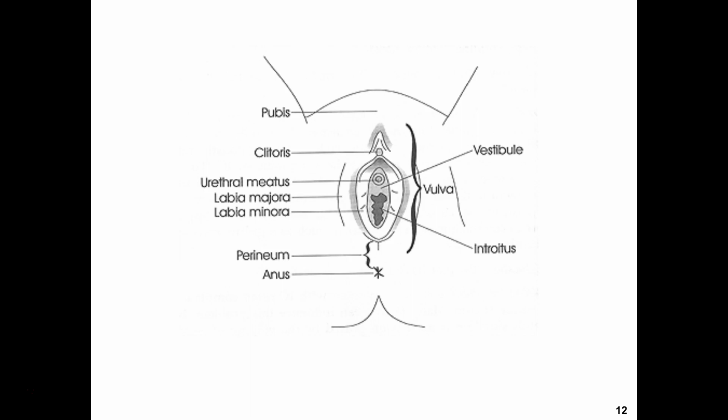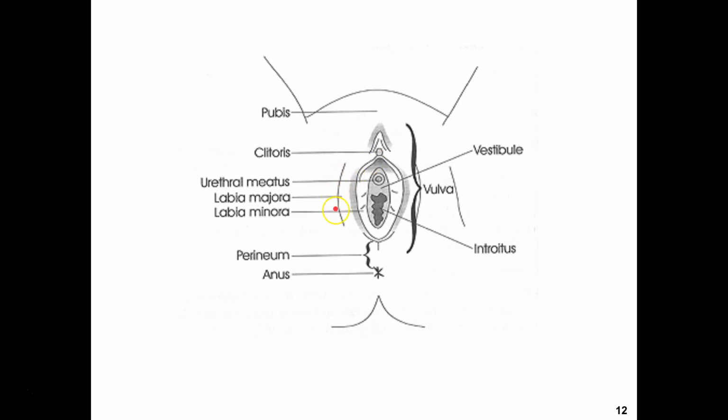So here's a picture of the vulva. This whole region here is the vulva, and it does not include the mons pubis. But you can see the anterior-most part of the vulva is the clitoris, that's the region of intense stimulation, intense feeling.